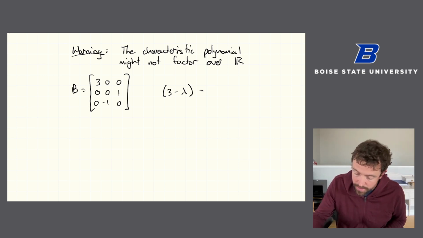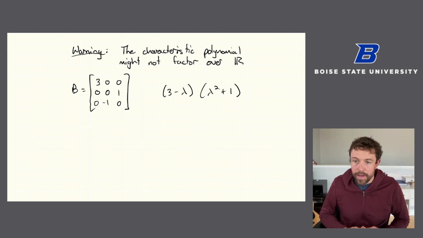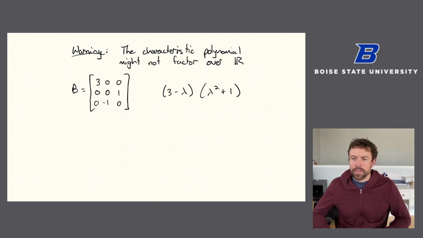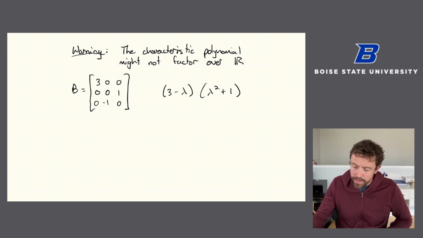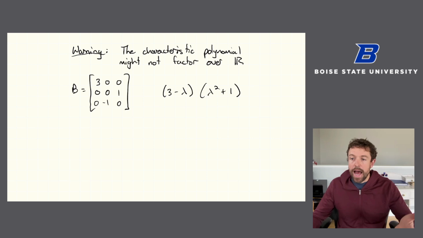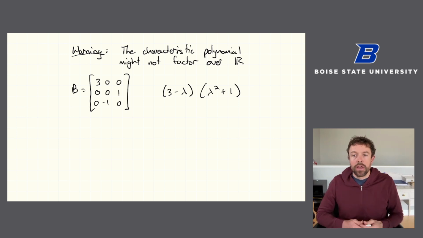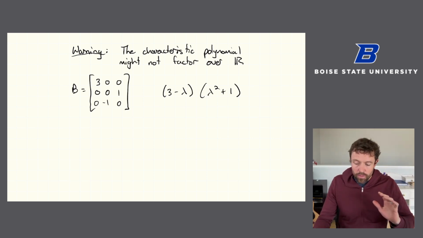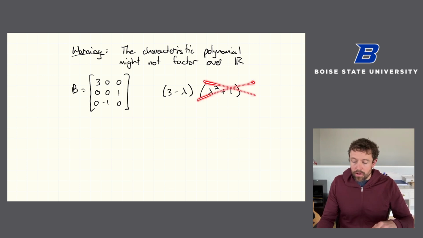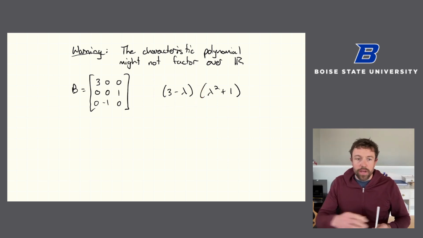It ends up being this. This is the characteristic polynomial, and this term doesn't factor. Its roots are plus and minus i if we're working over the complex numbers. And so when that happens, these do not correspond to real eigenvalues. The only real eigenvalue in this case is 3.